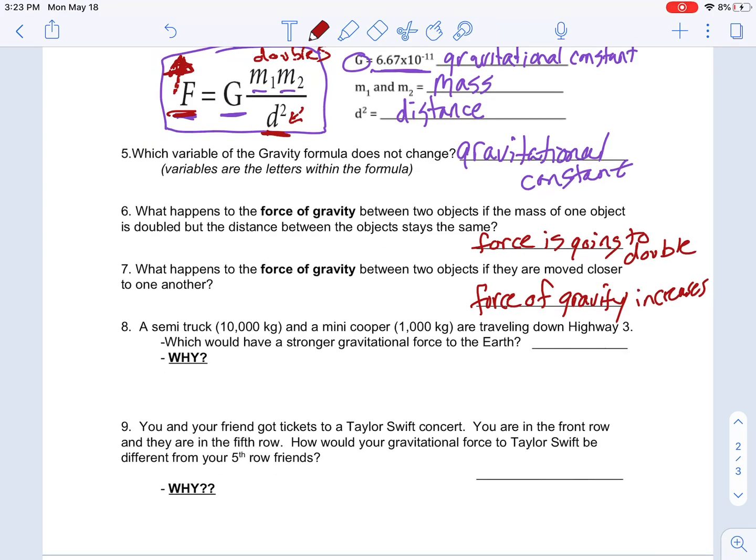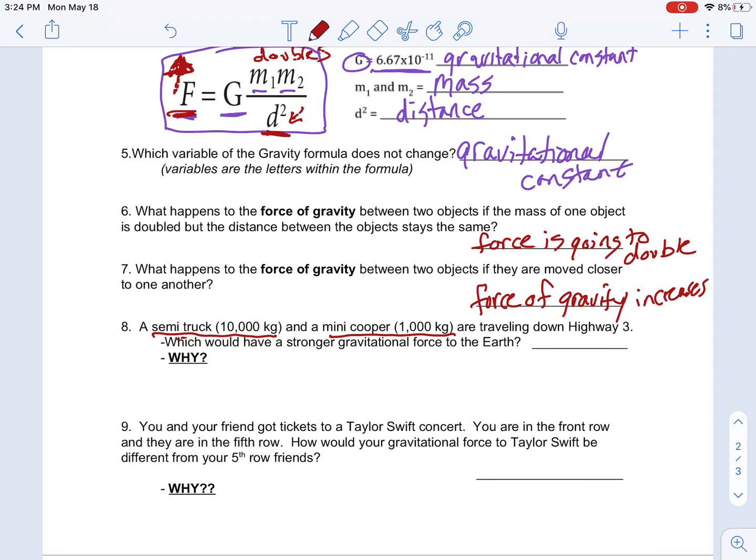Okay, number 8, a semi-truck, 10,000 kilograms, and a Mini Cooper, 1,000 kilograms, are traveling down Highway 3. Which would have a stronger gravitational force to the Earth? Well, the mass of the Earth isn't changing, but the semi-truck is much heavier than the Mini Cooper.